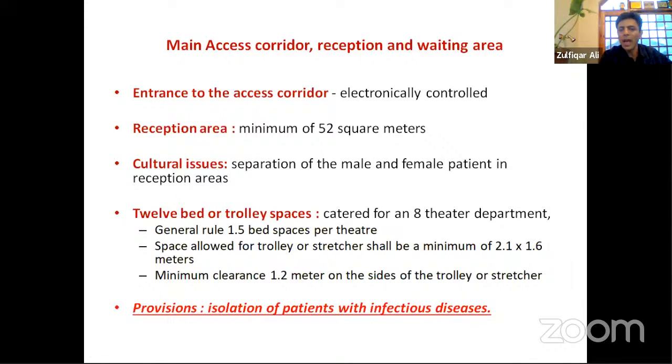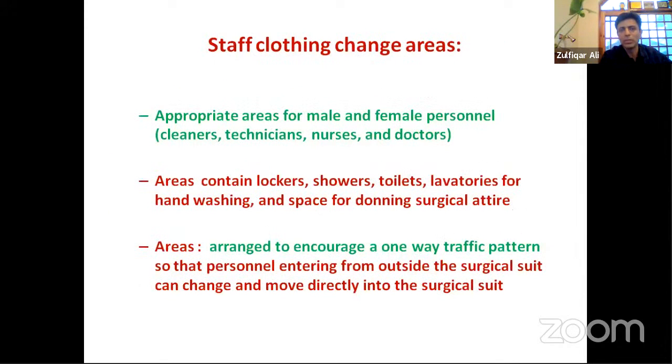So we should have a minimum of 2.1 by 1.6 meters for each trolley or stretcher. At the same time, we have to keep in mind that patients with infectious diseases should have an isolated area so as to reduce cross infection within the operating room.